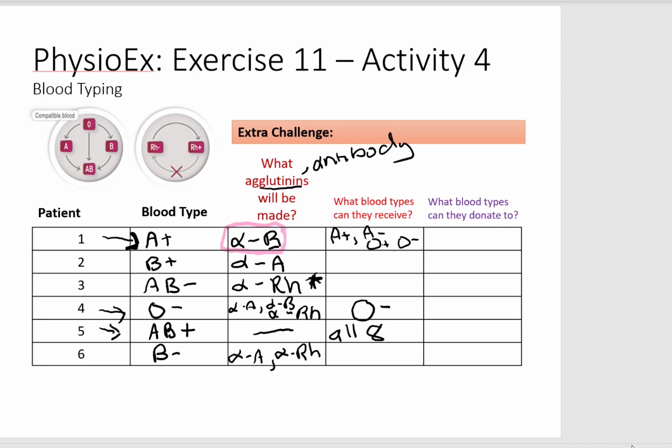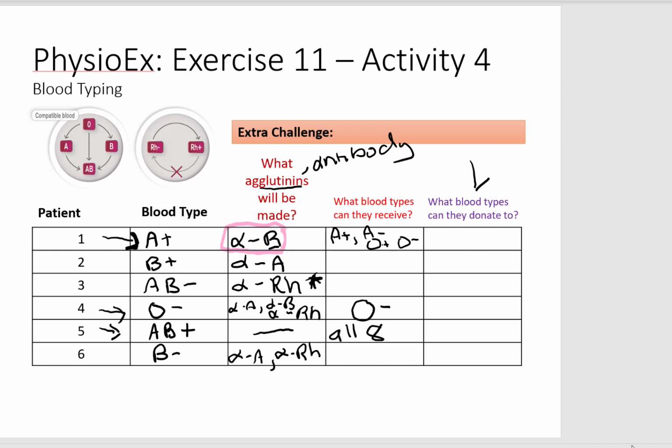Now, last challenge, and I'm going to do fewer. Who can these people donate to? Sometimes when people give a gift or get a gift, like donated blood, they want to give back. Seems only right. Give back, pay it forward.